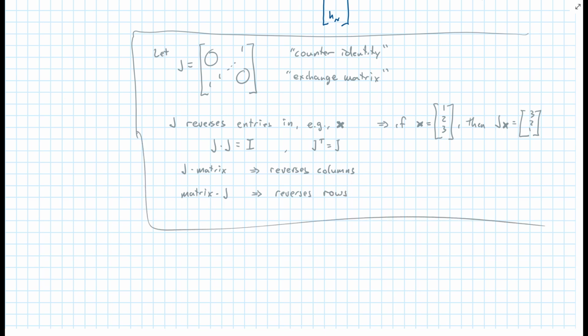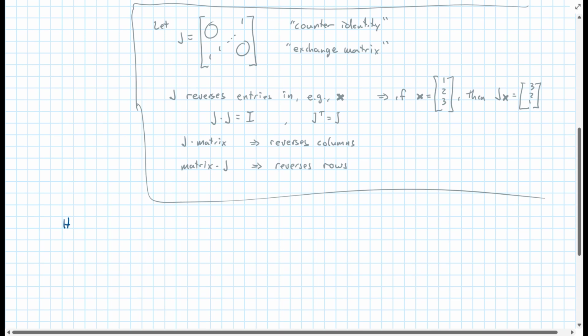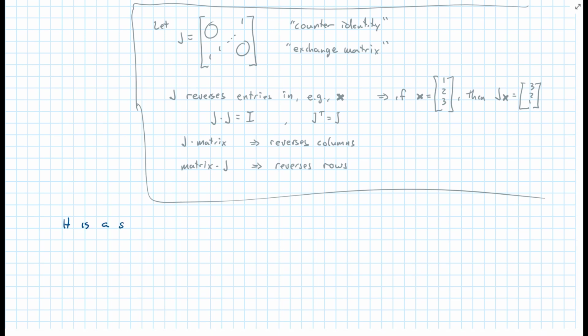Okay, now that we've got that little aside out of the way, let's see what it does to our symmetric Toeplitz matrix H. So if we have j times h, then we're reversing each of the columns, which will look like this.